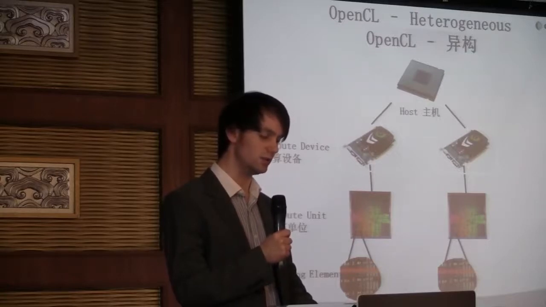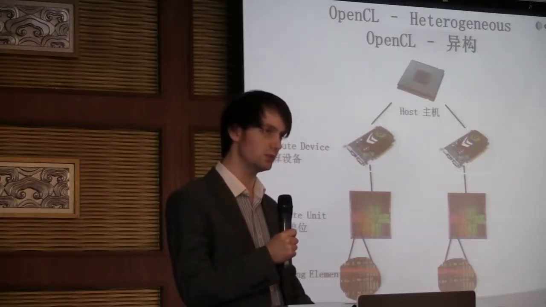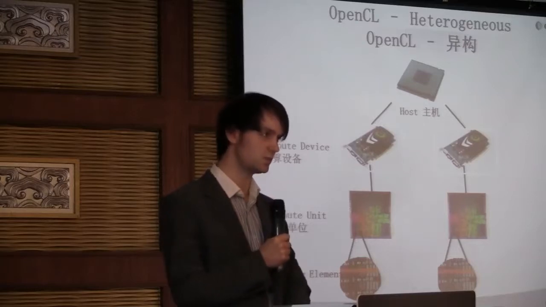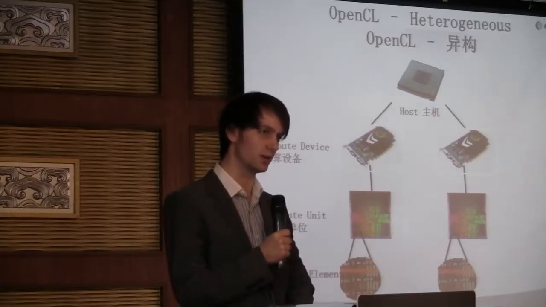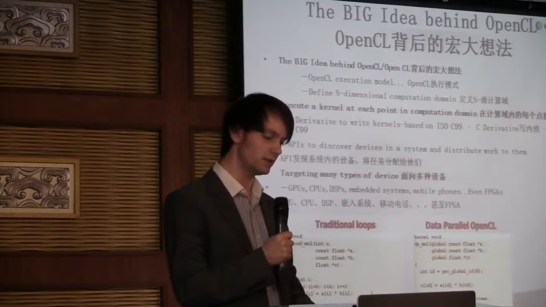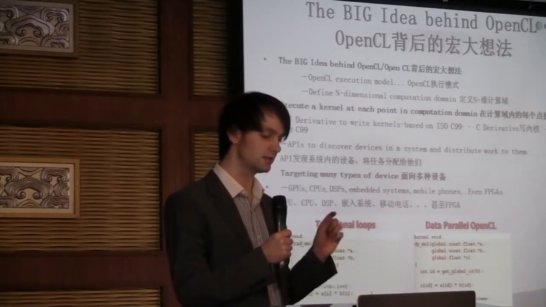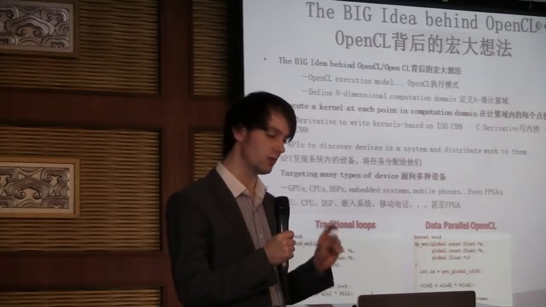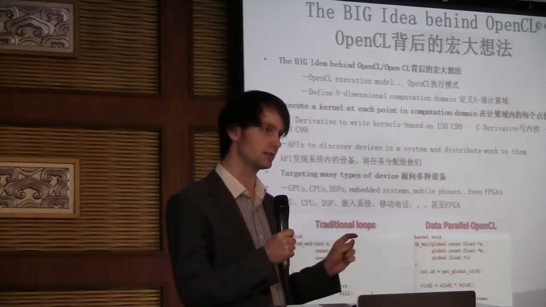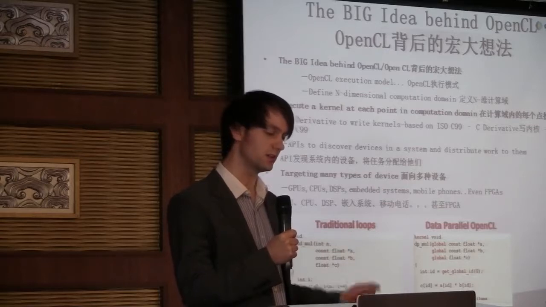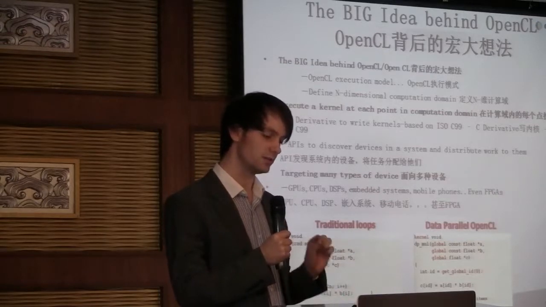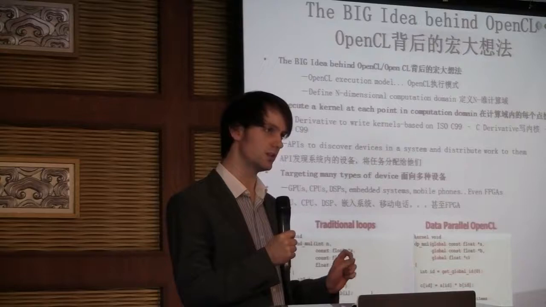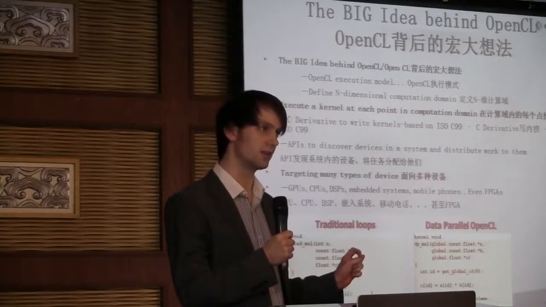Usually the host is a CPU and the device is a GPU, but the device can be a DSP or an FPGA as well. The big idea behind OpenCL is to write a contained piece of code, like a shader, which runs compute tasks on the GPU or device, rather than domain-specific shaders for computing graphics.